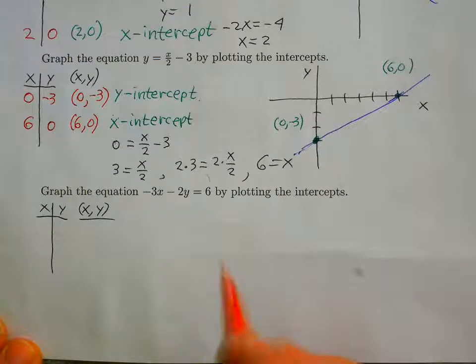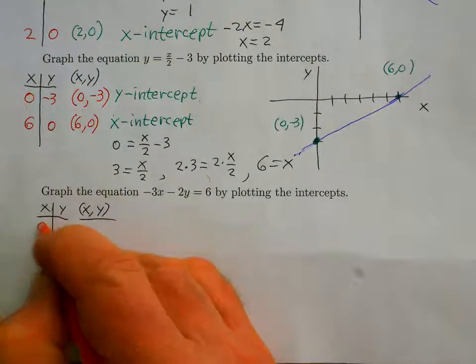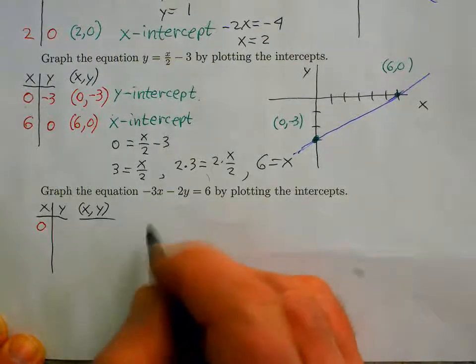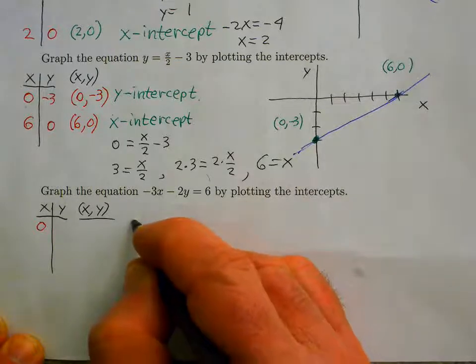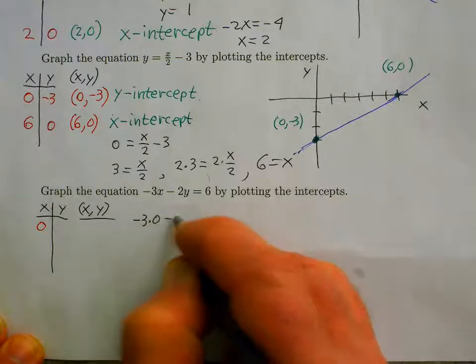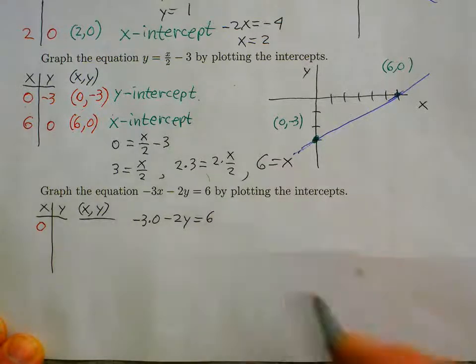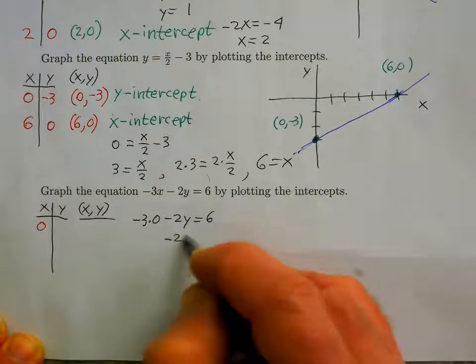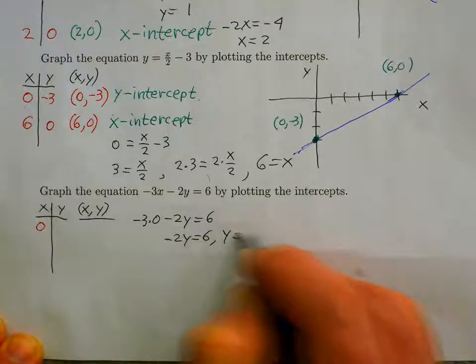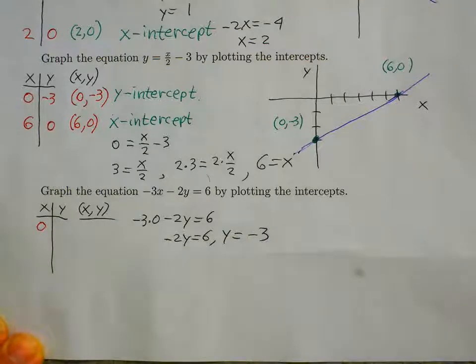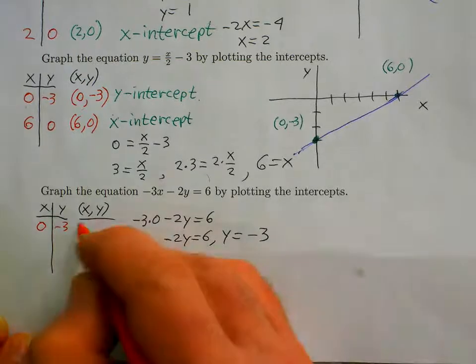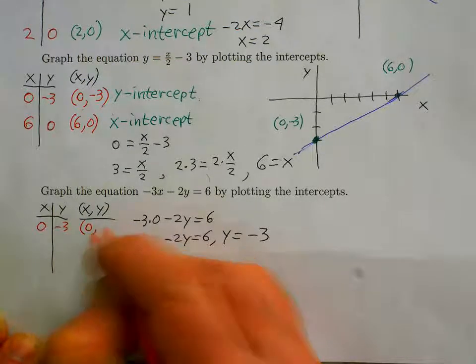If we find the y-intercept first, the x-coordinate is 0. So in the equation, replace x with 0. We get -3 times 0 minus 2y equals 6, or -2y equals 6, and y equals -3. So the y-intercept is the ordered pair (0, -3).